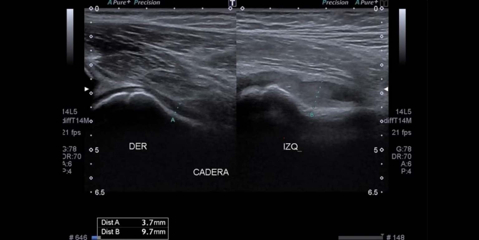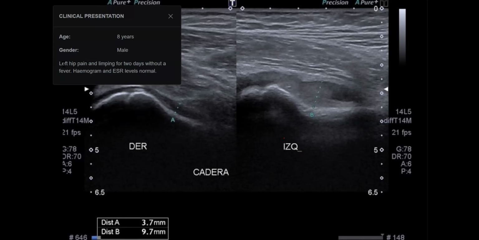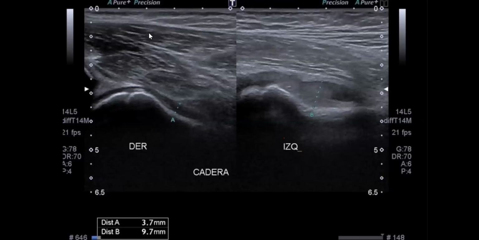If the patient has no fever and normal laboratory tests, such as normal ESR or C-reactive protein, which means it's not inflammatory and non-infected, the diagnosis could be rheumatoid arthritis, sir? No.